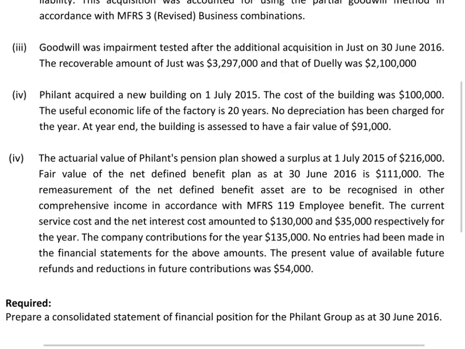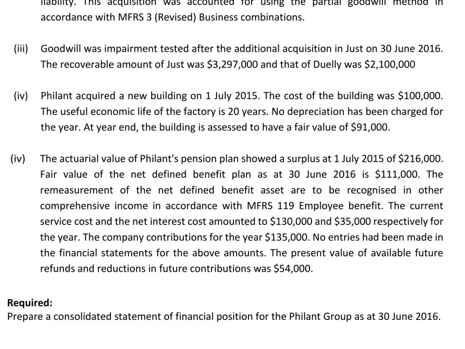Next one. Phelan acquired note 4. Phelan acquired a new building on the very first day of the year. The cost of the building is 100,000. Useful economic life is 20. No depreciation has been charged, so we're going to charge depreciation for the year, and at the end, the building is assessed to have a fair value of 91. So your cost is 100, depreciation to be charged this year is 5.